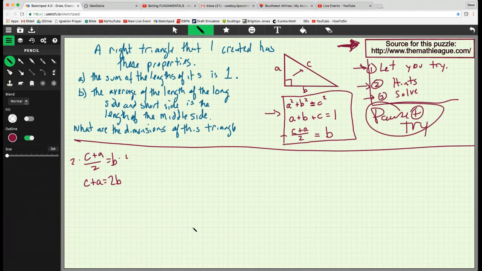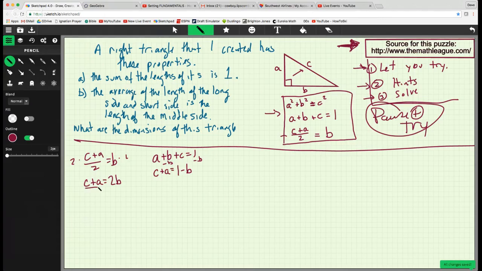Okay? Now I'm going to take this second equation here, A plus B plus C equals 1, and rewrite it as C plus A equals 1 minus B. I just subtracted B from both sides.